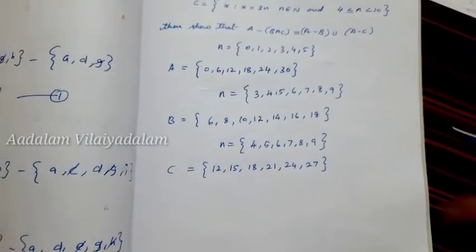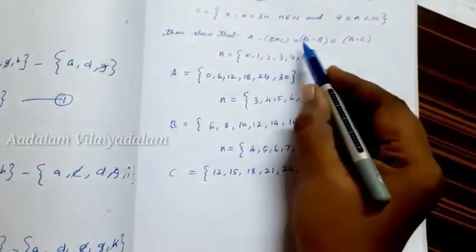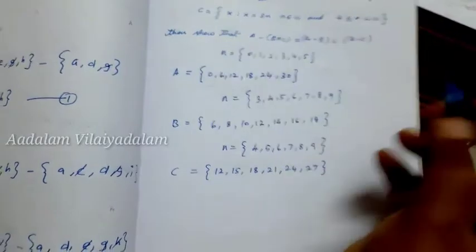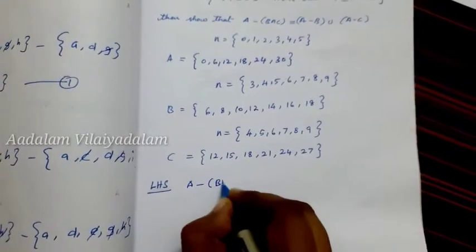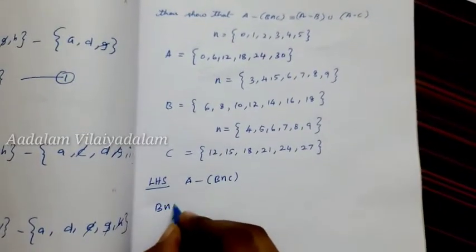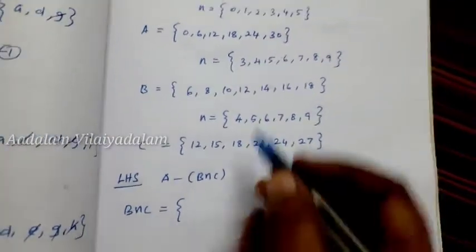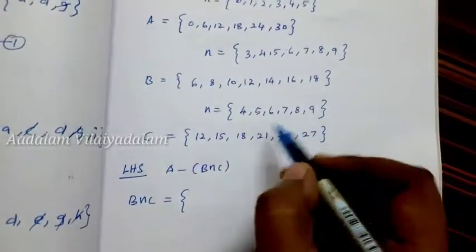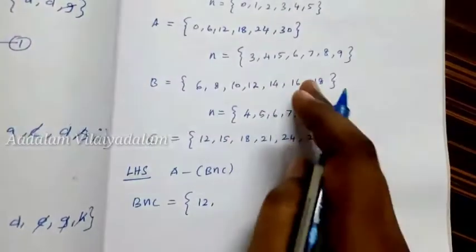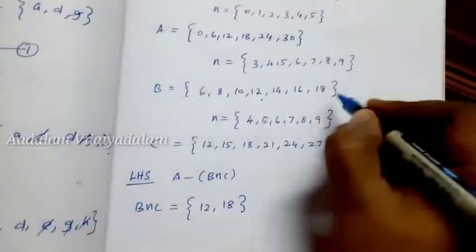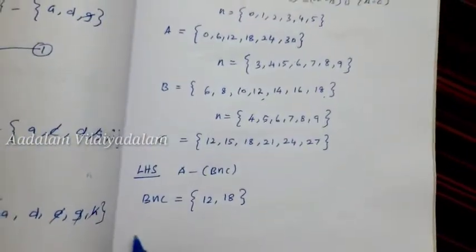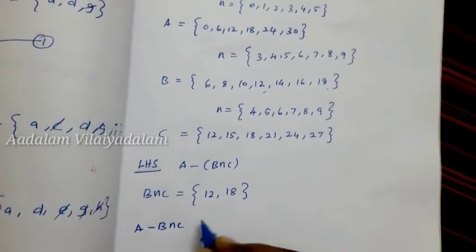Now we need to prove A minus (B intersection C) equal to (A minus B) union (A minus C). So let us choose the left hand side, that is A minus (B intersection C). So let's find B intersection C. What is that? The common elements between B and C. B and C common elements are 12 and 18. Next we need to find A minus (B intersection C).